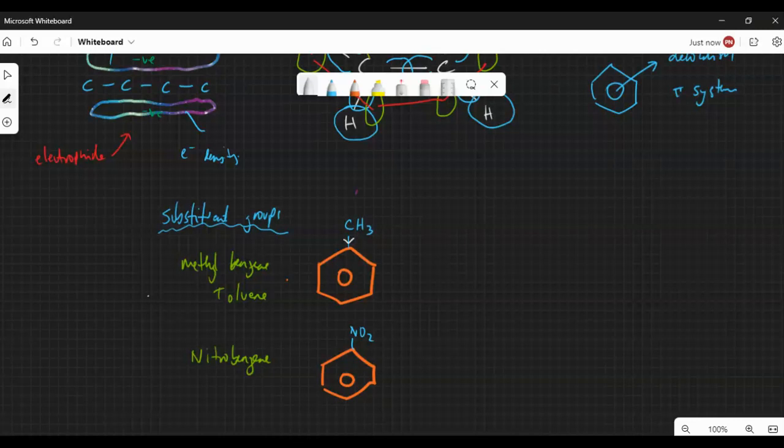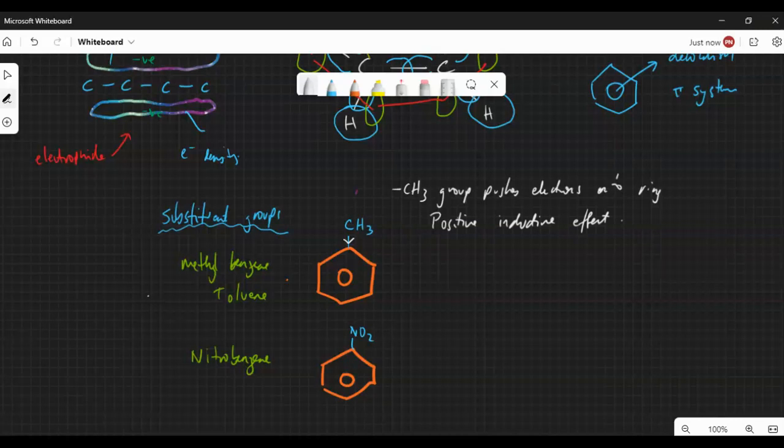So we say the CH3 group pushes electron density onto the ring. We say it has a positive inductive effect, because it pushes electron density onto the ring.